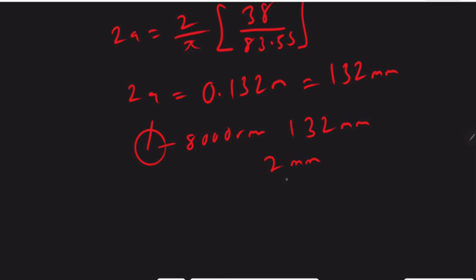Therefore the flywheel is safe to drive. As the 2 millimeter crack in our material is less than 132 millimeter, which is the crack length that will make the material fail, the flywheel is safe. So that's the conclusion.